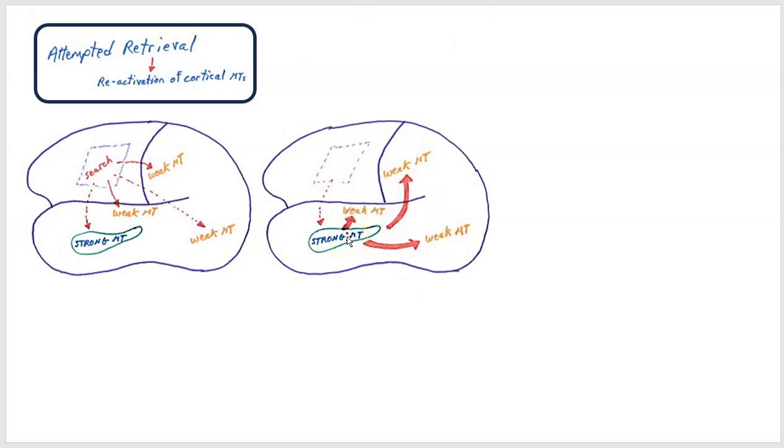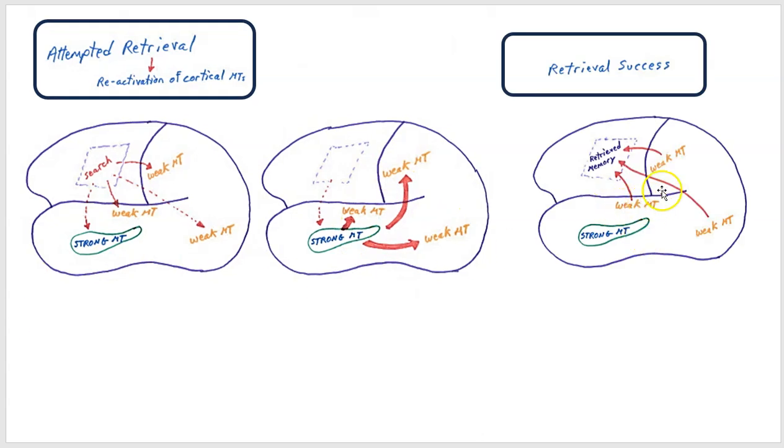It was physically linked to those cortical memory traces, and so it has the ability to reactivate those cortical memory traces. And if we're successfully reactivating those weak memory traces in unison, they will share their information with the working memory system, and we will have a conscious experience of retrieving the information that was asked of us.